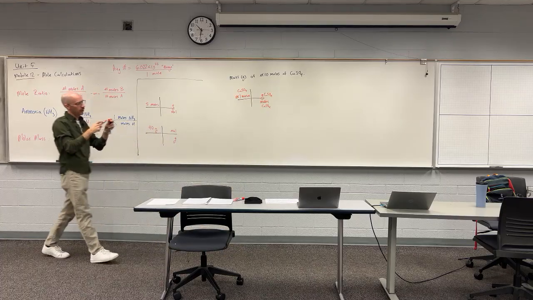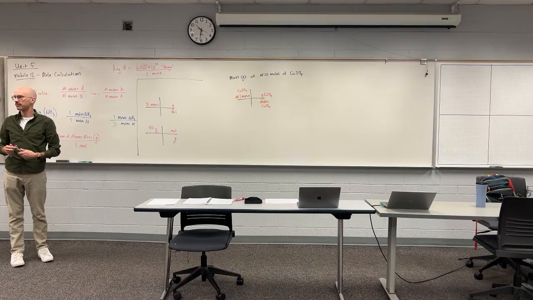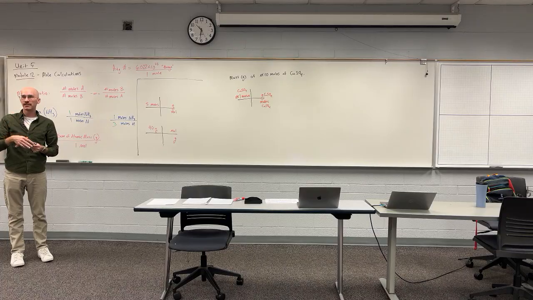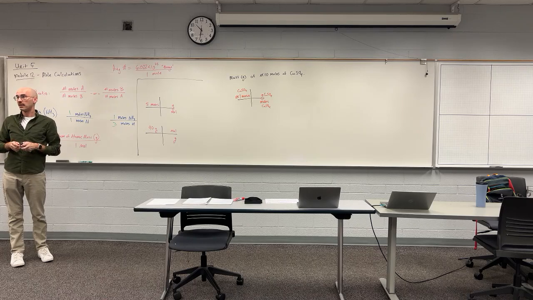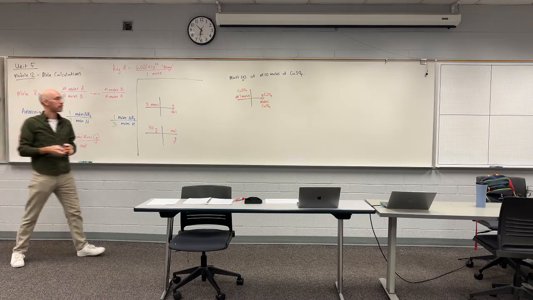Whoa, whoa, whoa. How did I know to put moles on the bottom and grams on the top? I want them to cancel. I need moles to cancel. I really don't care where grams goes. That's not true. I do care that grams ends up on top. But grams will end up on top when I get moles to cancel.